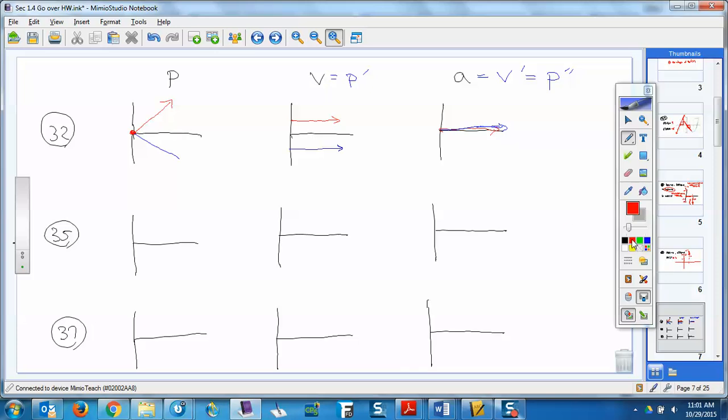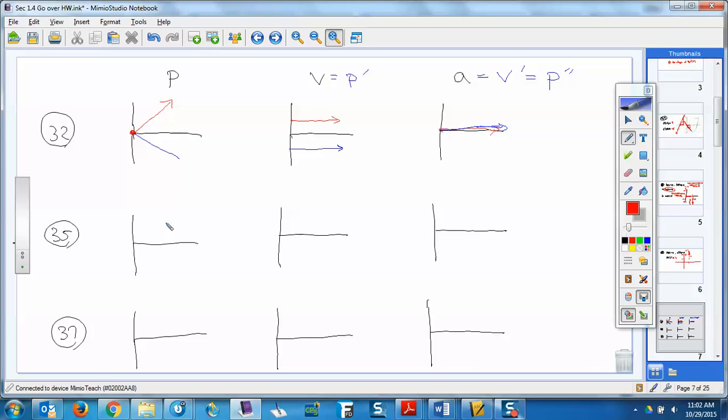All right. 35. 35 says, the object first moves right, then moves left. So moving right would mean it's got to go up. Straight or curved? Doesn't say. Doesn't say. Okay?